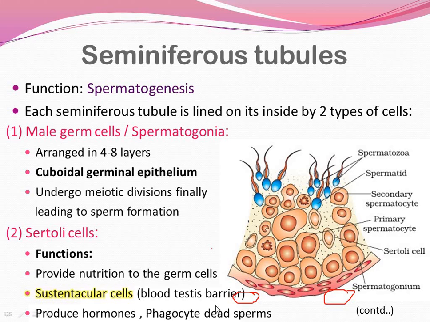It is possible that some of these sperms may get damaged in the process of their formation, or sometimes they may die, and such dead sperm cells have to be removed by phagocytosis, which is also done by Sertoli cells. So multifunctional importance you can consider, but the major function is definitely that they provide nutrition to the germ cells.